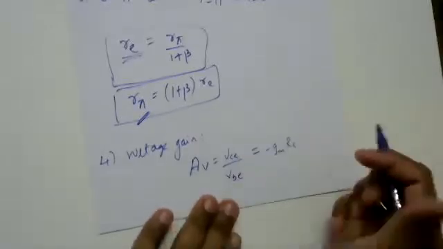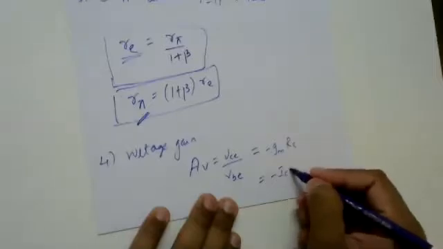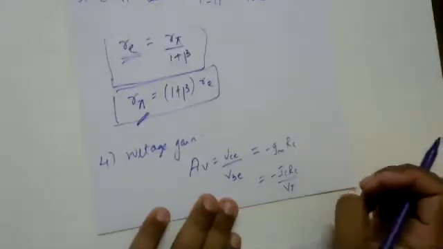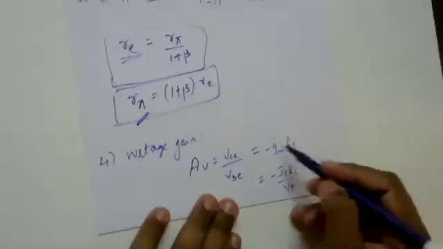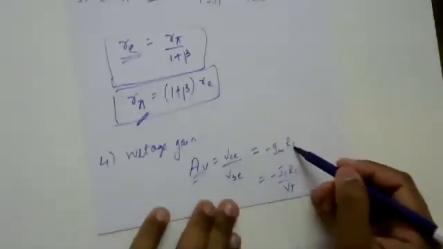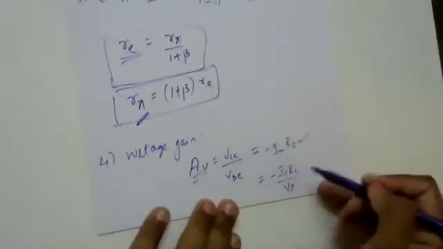Or in another form, we were able to write AV equals minus IC RC divided by VT. These are the two alias forms that you should remember. AV can be defined as minus gm into RC; when you know the value of gm, you can use this equation.